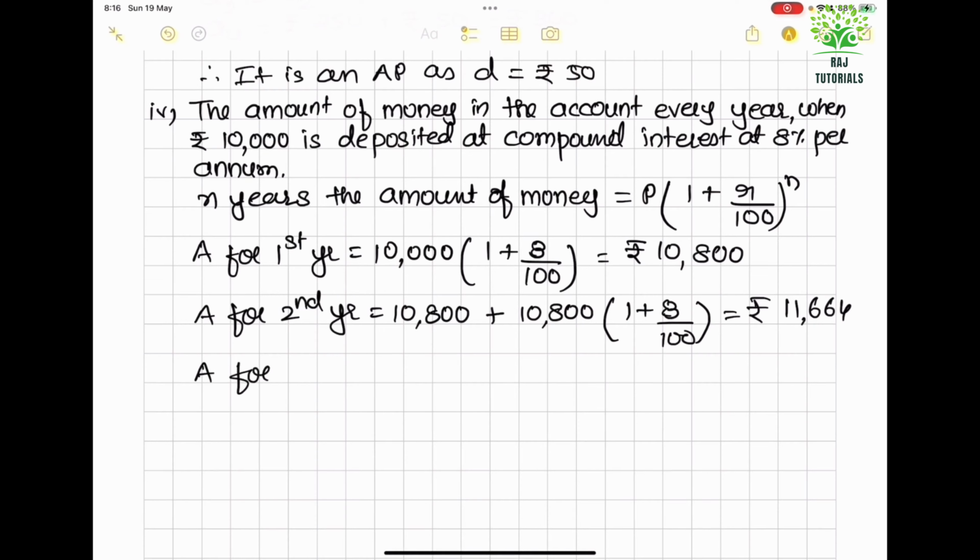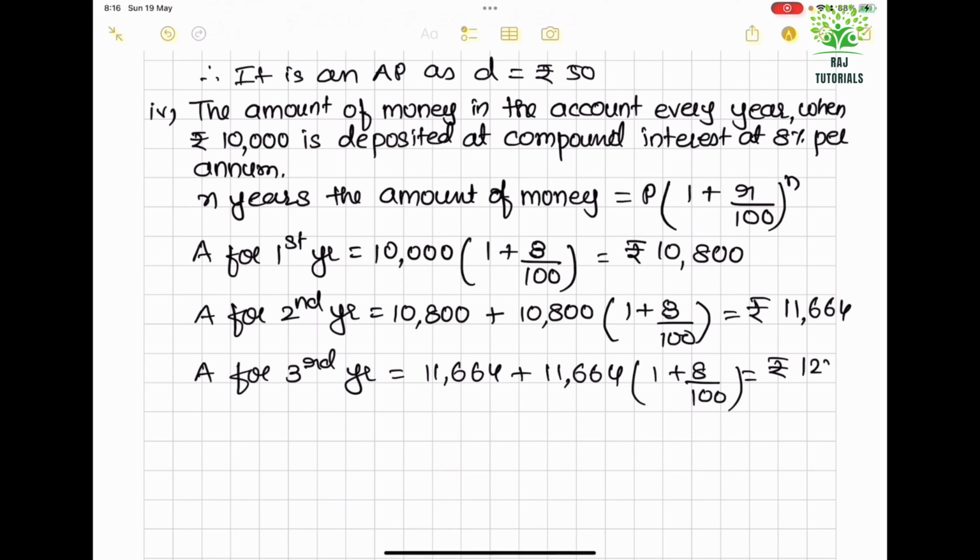Then amount for the third year is 11664 plus 11664 into (1 plus 8 upon 100). So that is coming to rupees 12597.12. So I can say it is not an AP as D is not the same. Naturally, it won't be the same in compound interest, but if it were simple interest, it would be the same.